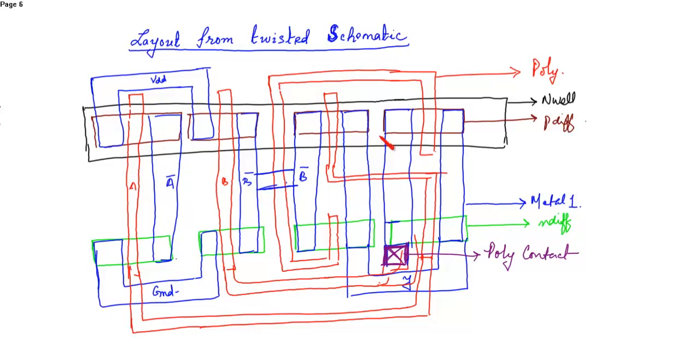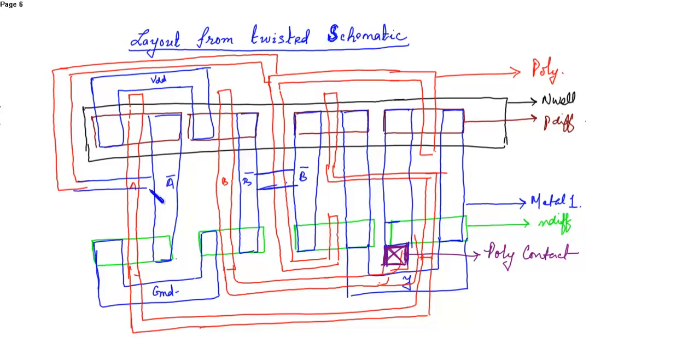We'll draw from the poly layer, whereas this poly layer is connected to this A bar. So metal, get metal from this.